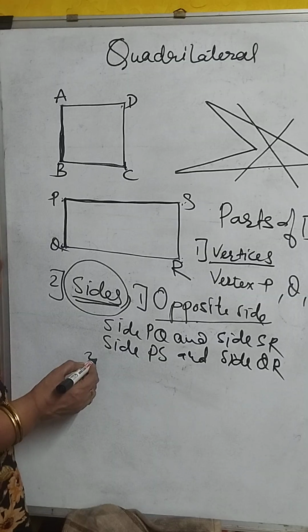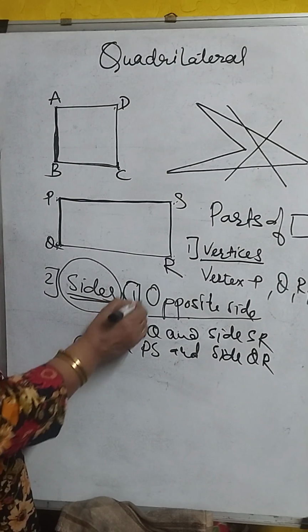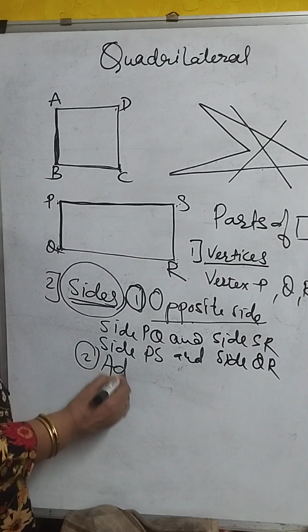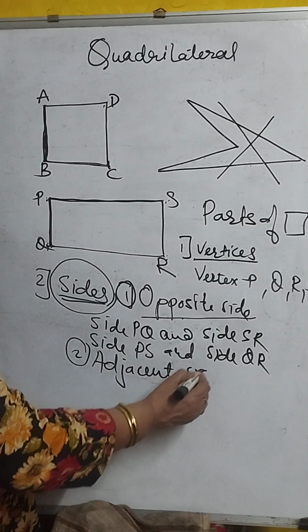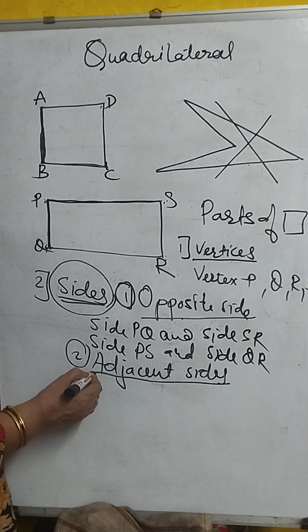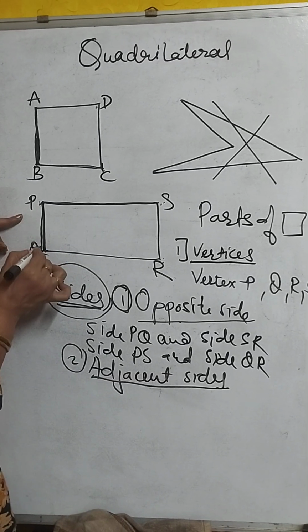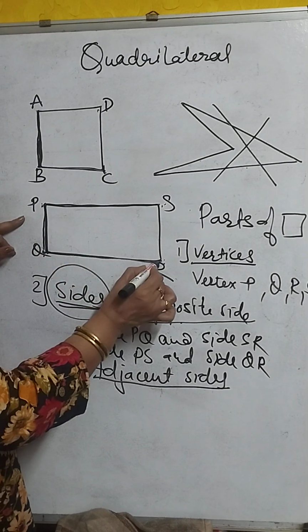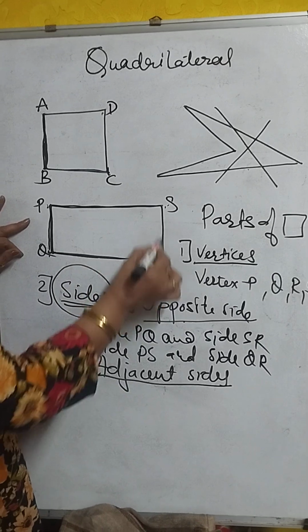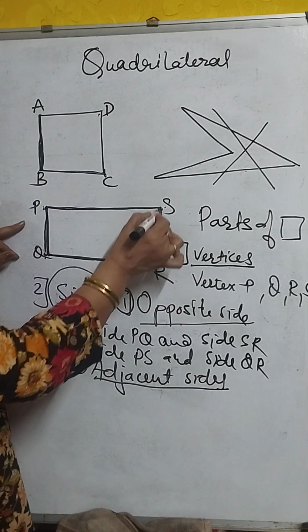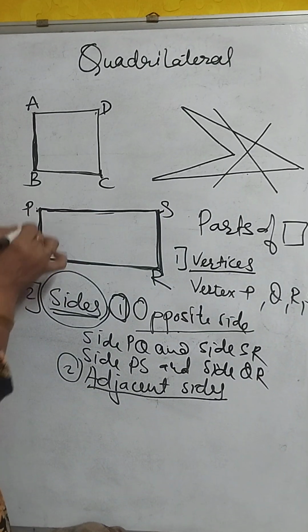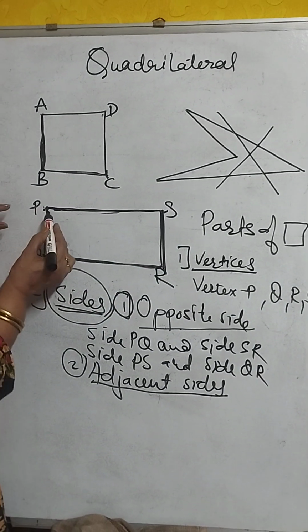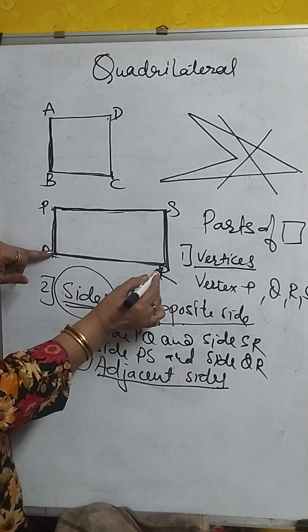And the second part, in sides, is adjacent sides. What are the adjacent sides of the quadrilateral? Adjacent sides means sides which are nearby. Side PQ is adjacent to QR. Side QR adjacent to SR. Side SR adjacent to PS. Side PS adjacent to PQ. PQ and QR are adjacent.